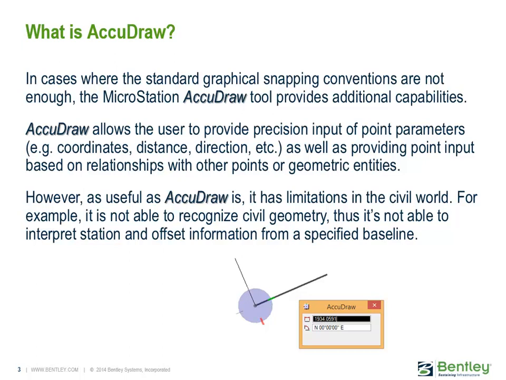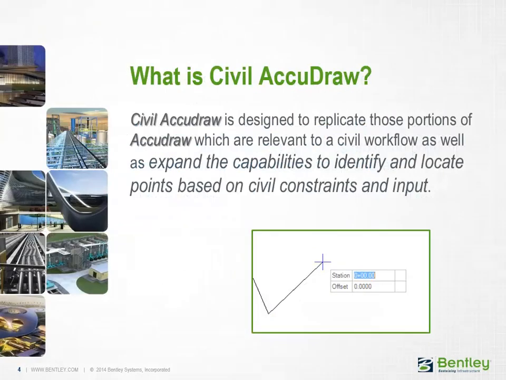So AccuDraw allows us to provide that input at the same time providing it based on relationships with other points or MicroStation elements. However, as useful as AccuDraw is, it has limitations in the civil world. For example, it's not able to recognize civil geometry, therefore it's not able to interpret civil information such as station and offset from a specified baseline.